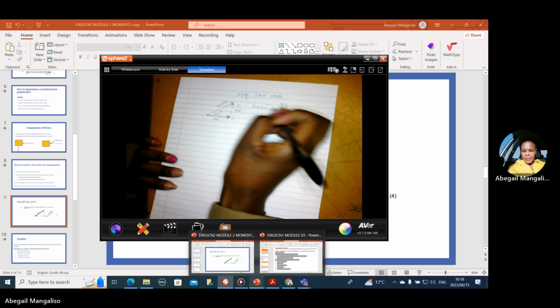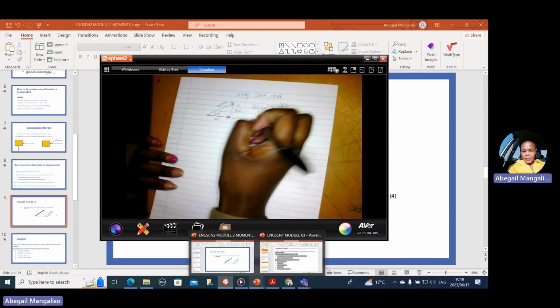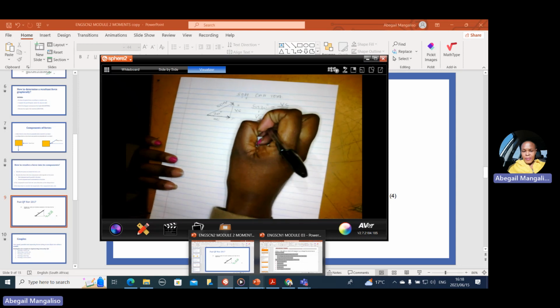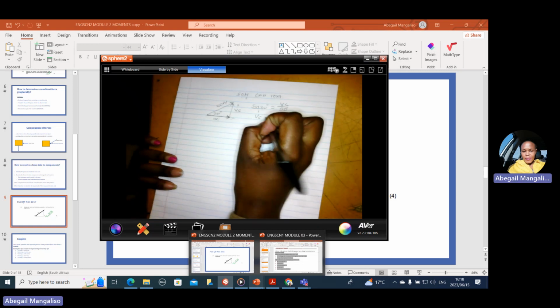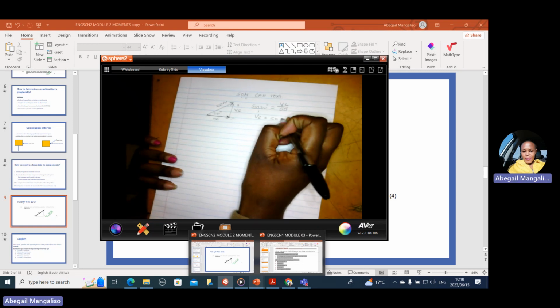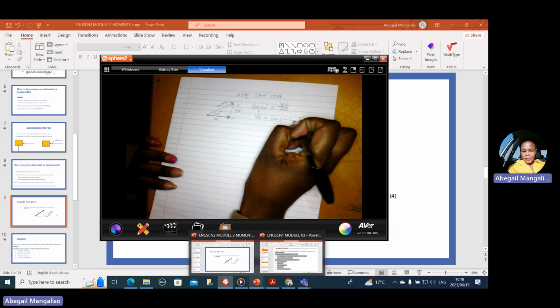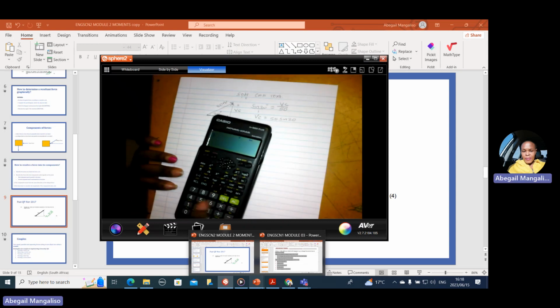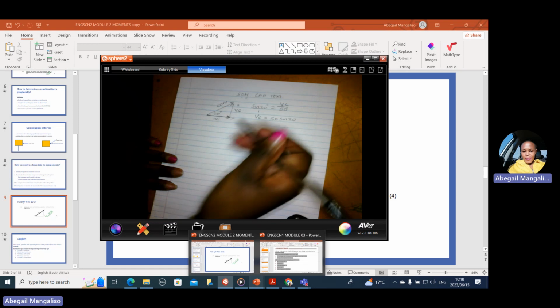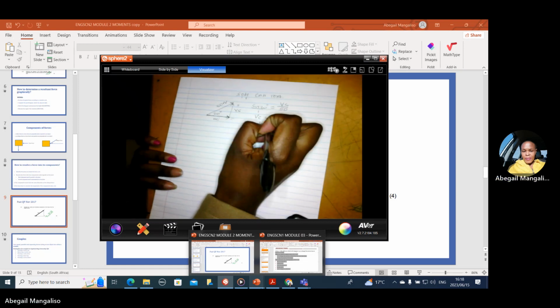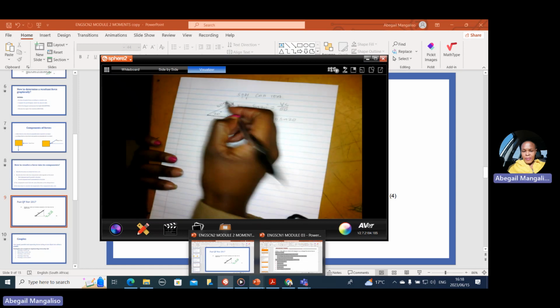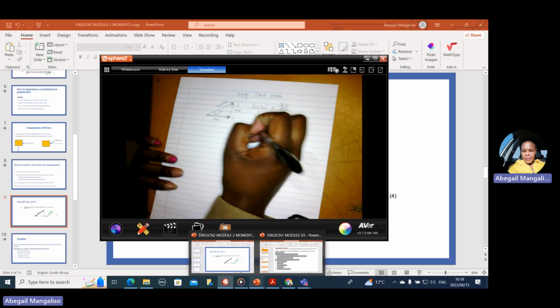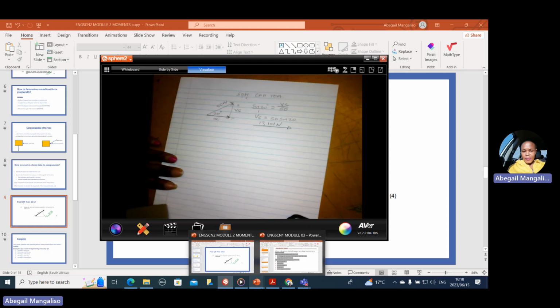Now, when you cross multiply, this will be VC times 1, which is VC, equal to 50 multiplied by sine of 20. Then you use your calculator to get 50 sine 20, and the answer is 17,101. This force is in newtons, so this component will also be in newtons.